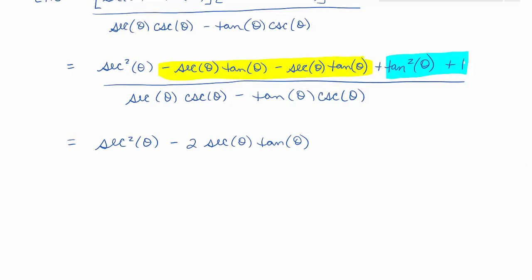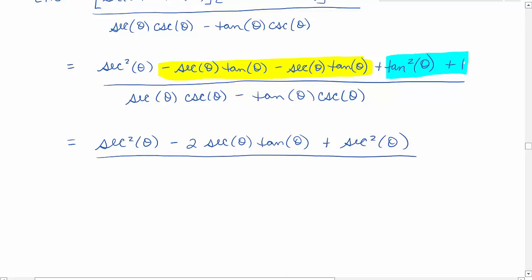One of our Pythagorean identities states that tangent squared plus 1 equals secant squared. So I'm going to replace that tangent squared plus 1 with secant squared, all over my denominator.